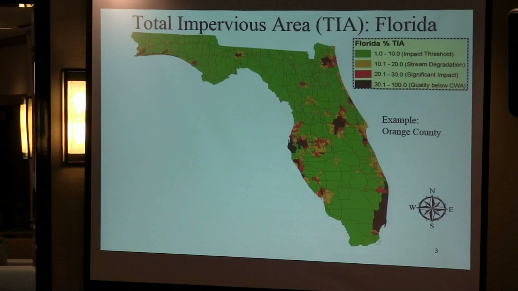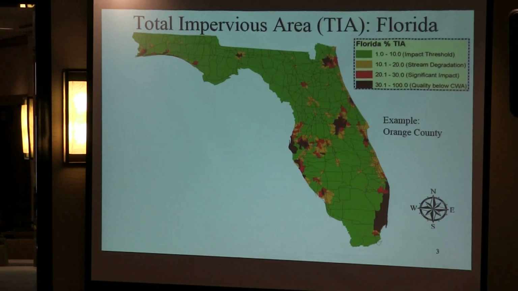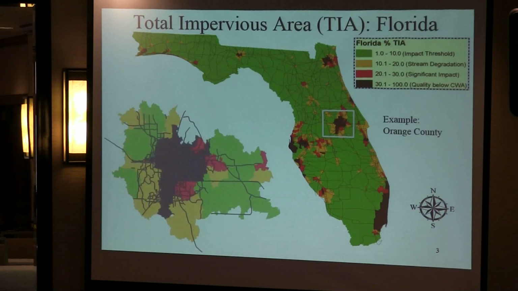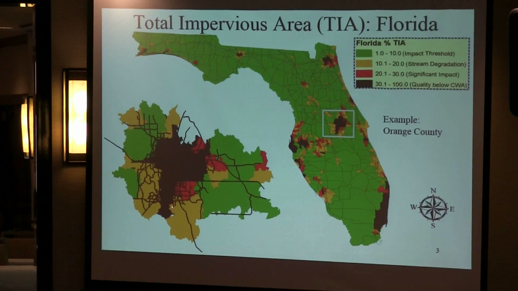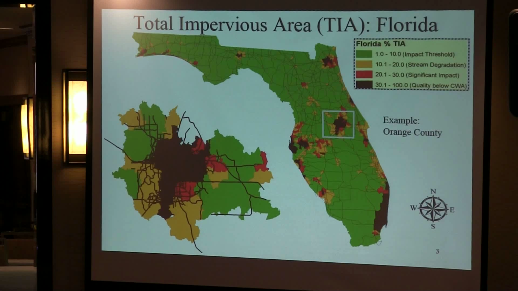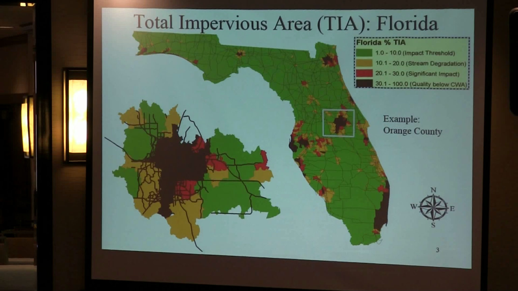Higher imperviousness means more runoff, but it also means more degradation in terms of water chemistry. If you look at this a little more closely, we're looking at the Orlando area. You can see that the urban core is absolutely dominated by high impervious areas and high water pollutant loads. And in fact, most of this is generated by motor vehicles that you and I drive every day.